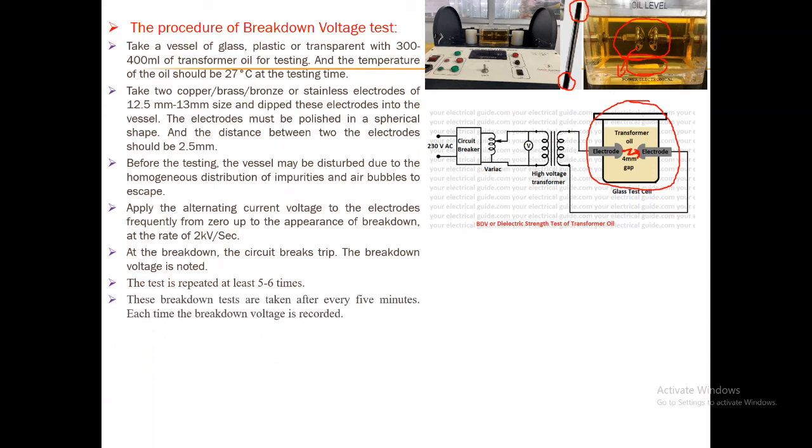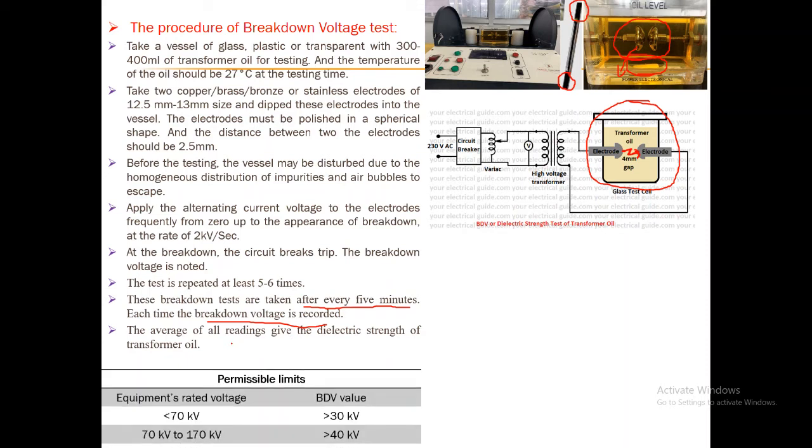Based on that value, I can judge the quality of insulation. These breakdown tests are taken after every 5 minutes, and each time the breakdown voltage should be recorded. The average of all the readings will give the dielectric strength or the breakdown voltage of the transformer oil.